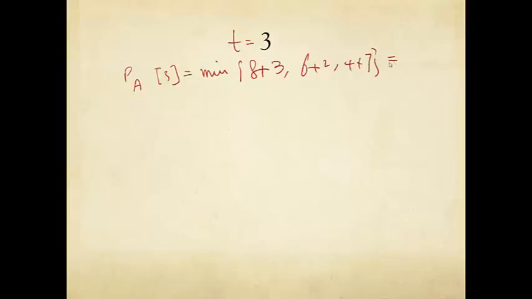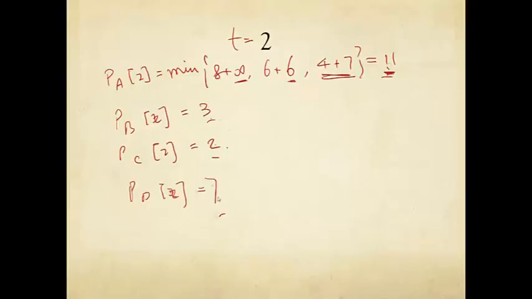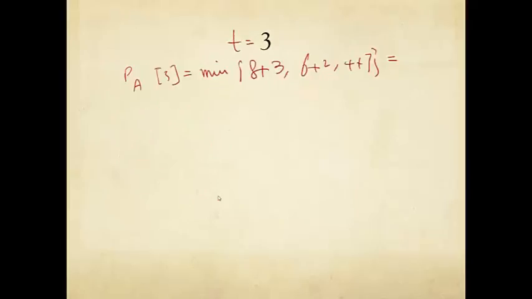Notice the last iteration's updates into 11, 3, 2 are reflected here. Now you've got 3 and 2. So now PA is 8, and similarly PB at this iteration is minus 1, and PC is 2. PD again remains the same.